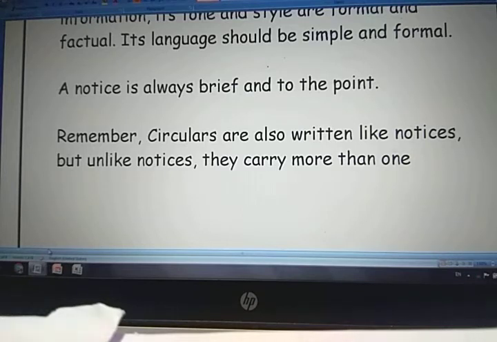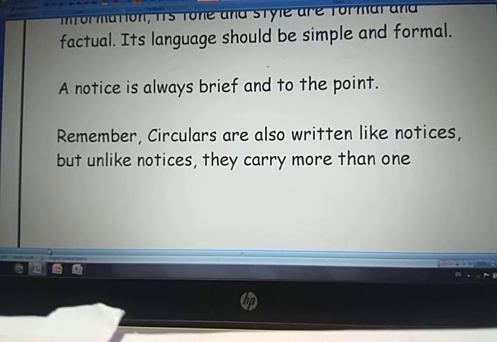In that one, a number of points will be included, like wearing uniform, attending the college in time, and avoid being absent. Next, to pay your fee regularly.